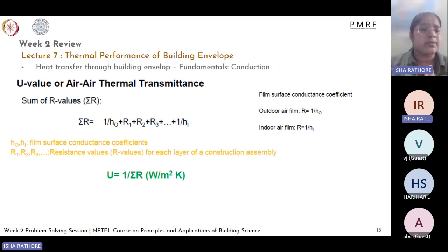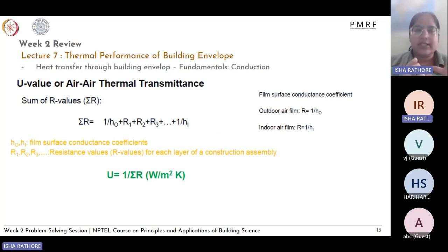So these are basically represented by the film surface coefficients, which is H naught and Hi. So the sum of resistance is basically 1 by H naught, which is the outside air film coefficient, and then R1, which is the resistance of layer 1, R2, resistance of layer 2. So again, the building envelope can be made up of a number of layers. So we consider those layers as well as two distinct layers, which is the outside air film and the inside air film.